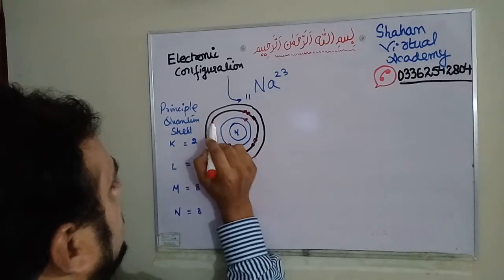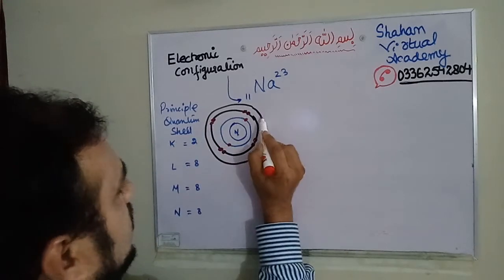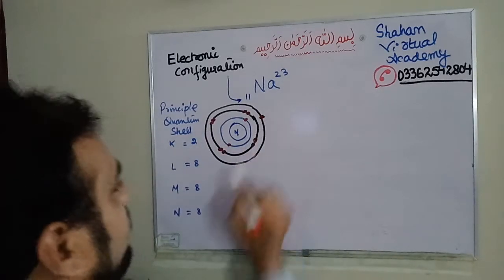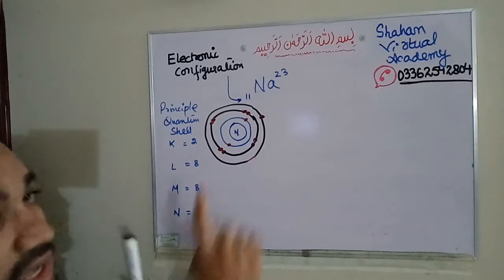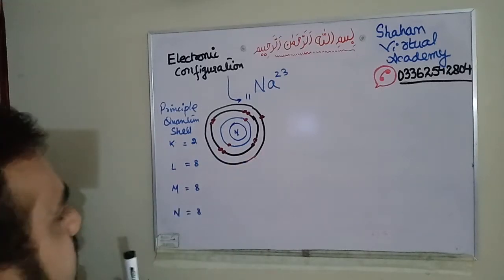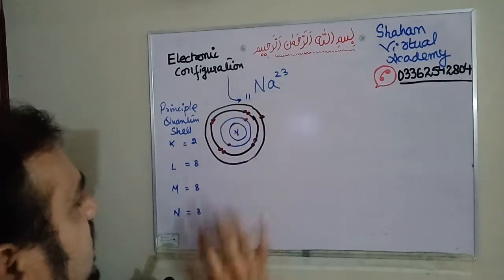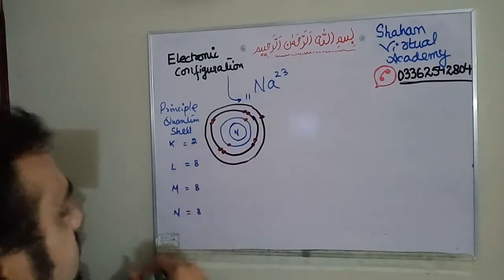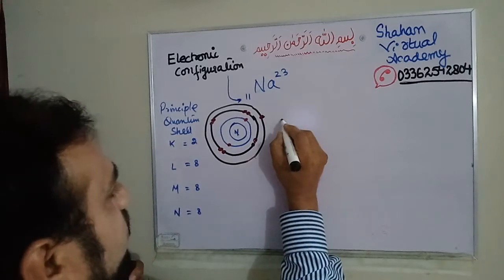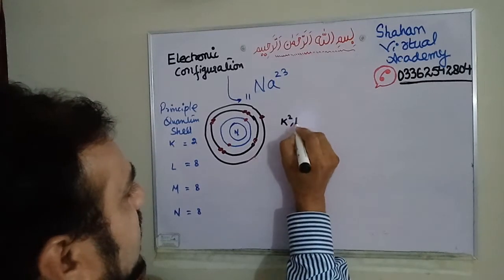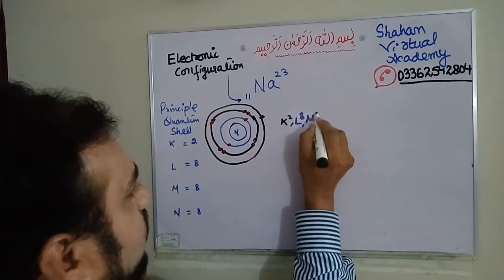Sodium has 8 electrons there, so it has only 1 electron in its last shell. It means it has 11 electrons, and its configuration is K2, L8, and M1.